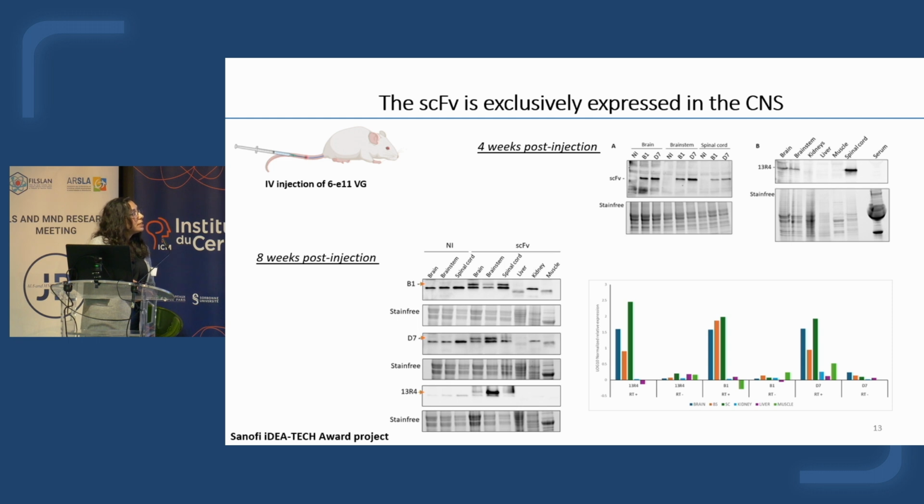Whereas we don't find evidence in the kidney or the liver or the muscle, suggesting that there's no risk of hepatotoxicity or inflammatory response. We also found, with respect to mRNA expression, that very similarly, we only found expression to be localized in the central nervous system.